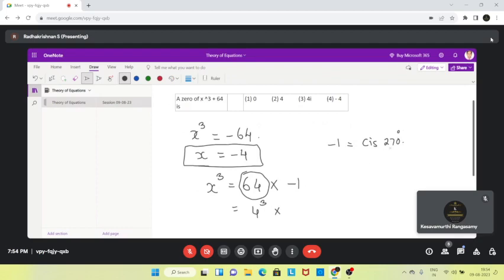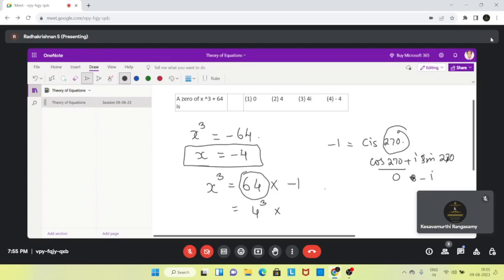Actually, cis 270 is cos 270 plus i sin 270, right? But cos 270 is 0, right? And sin 270 is minus 1. Sir, 180, sir. It should be 180, okay?